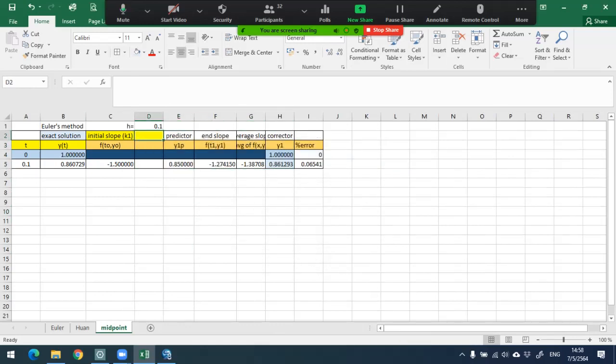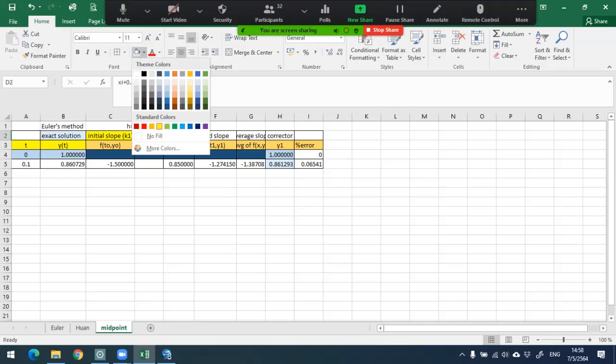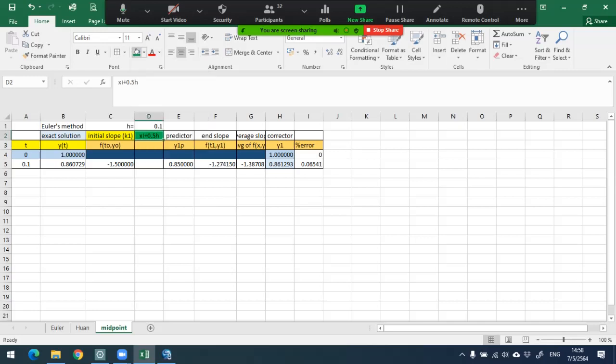We determine x at mid step first, that is xi plus 0.5h. We call it x1. After that, we determine y at mid step, that is yi plus 0.5 k1 h. We call it y1.